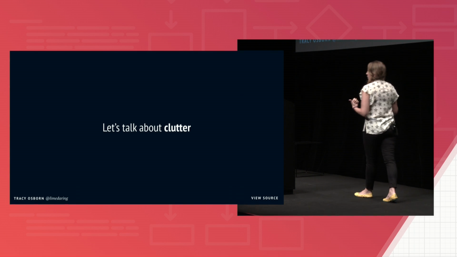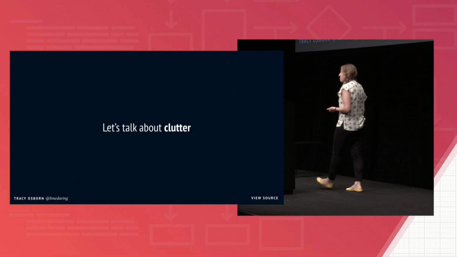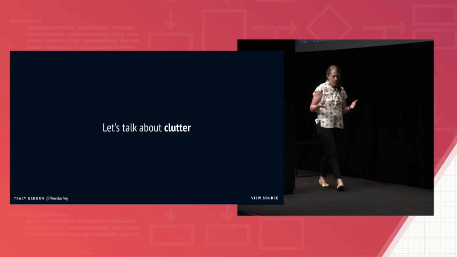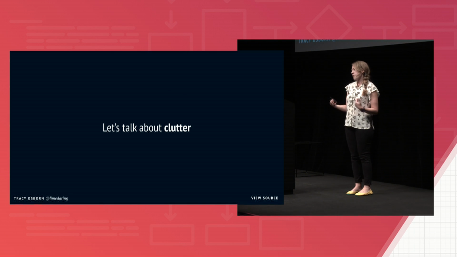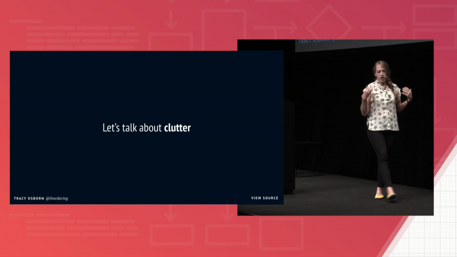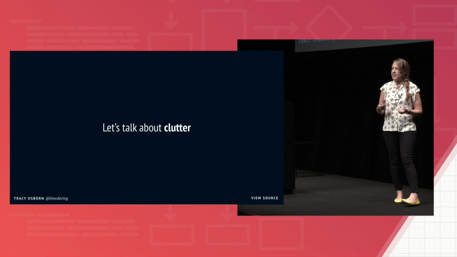So first and foremost, let's talk about clutter. When someone comes to me and says, hey, how do I become a better designer? They're usually asking not about user experience, which we'll get into in a second, but more of how can I make my designs look better and look more professional, more clean.